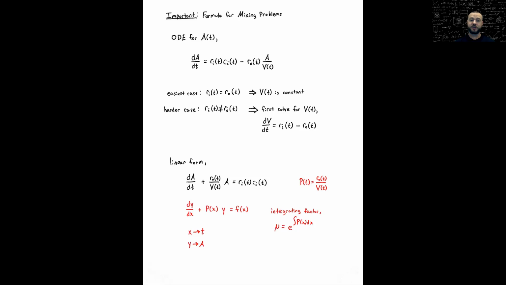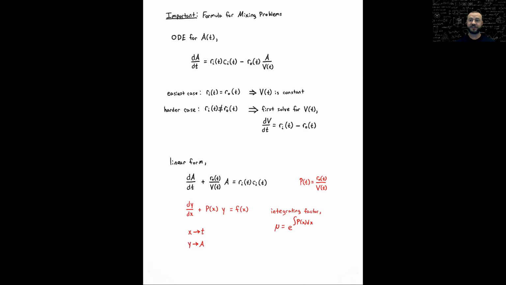The only change is we're denoting our independent variable not as x but as t for time. That just seems more natural for things changing over time. And we're going to change our function variable from y to A to denote the amount of salt in the tank as a function of time.